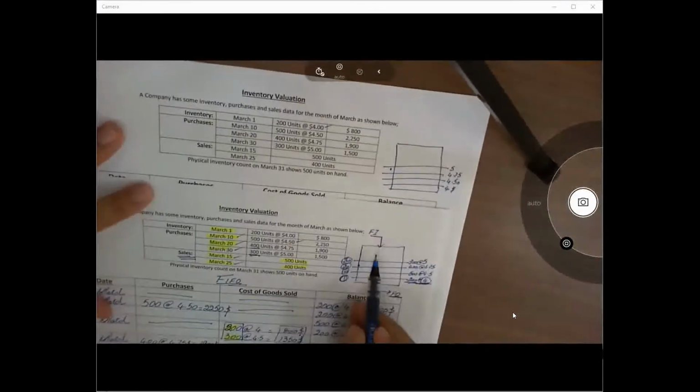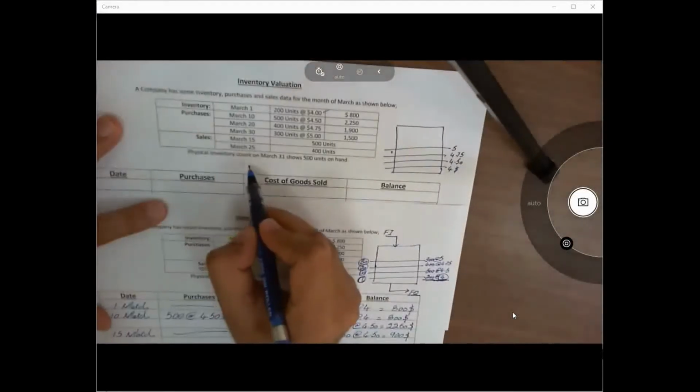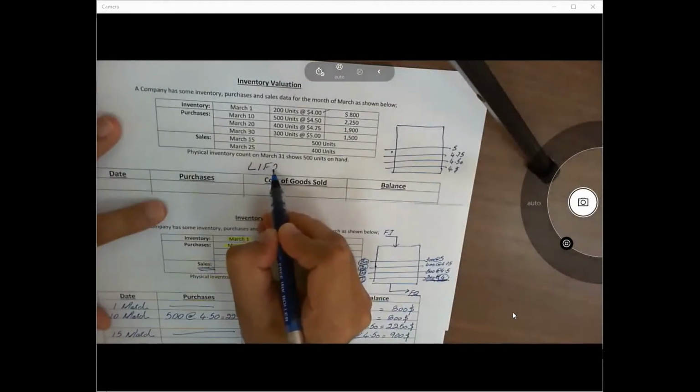In the previous example, which we just finished, we did first in, first out. Now we are doing LIFO, last in, first out.